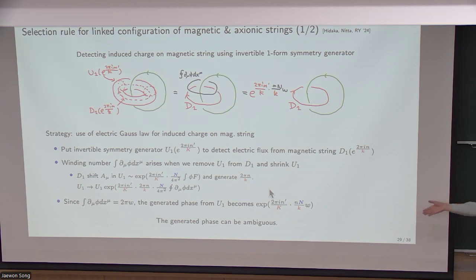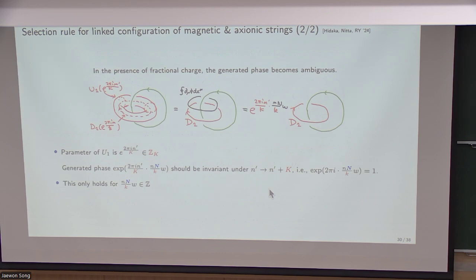However, this generated phase can be ambiguous in general. Since the parameter of this U(1) is Z_K valued, the parameter n' should be periodic under the shift of n to n plus capital K. So the generated phase should be invariant under this periodic shift. That is, the generated phase is invariant if this condition is satisfied.